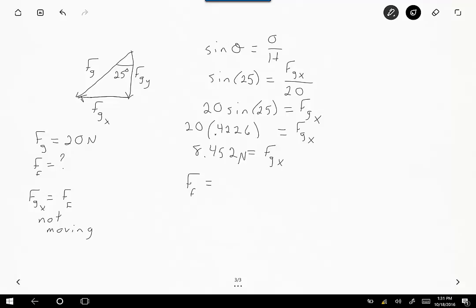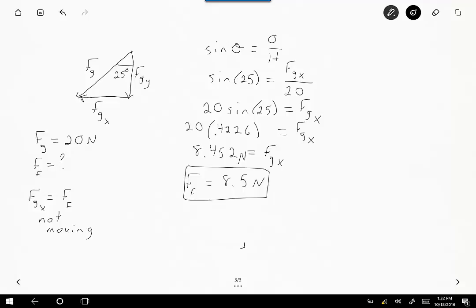Well, I really wouldn't keep the 2, to be honest, because the 2 goes to the thousandths place, and we're only giving gravity to the ones place. So I would round this one more time and say that the force of friction is 8.5 newtons. So there's 8.5 newtons of force holding the squirrel up on the rooftop.